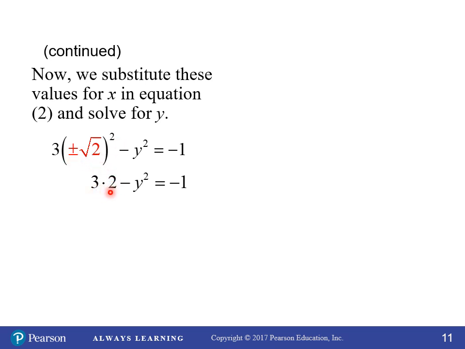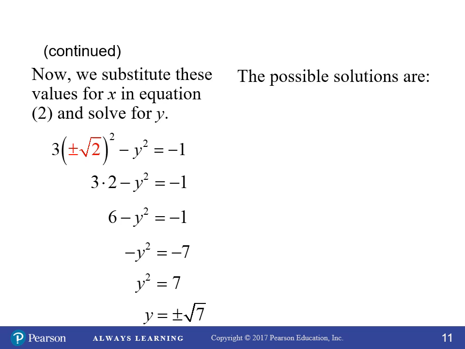So 3 times 2 gives you 6 minus y squared. Then we're going to take that 6, move it to the other side. It becomes negative, so it adds with the negative 1. Then we're going to distribute that negative to both sides. And then we're going to take the square root of 7, which could either be positive or negative, rad 7. That's also a real number solution, even though it's a radical.